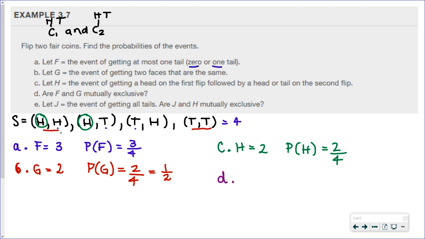Our blue case here, and I have the dots where the blue case is. And then G was the red case. So you can see here I have a blue and a red. They share heads and heads. Because they share this possible outcome, the answer is no, they are not mutually exclusive.